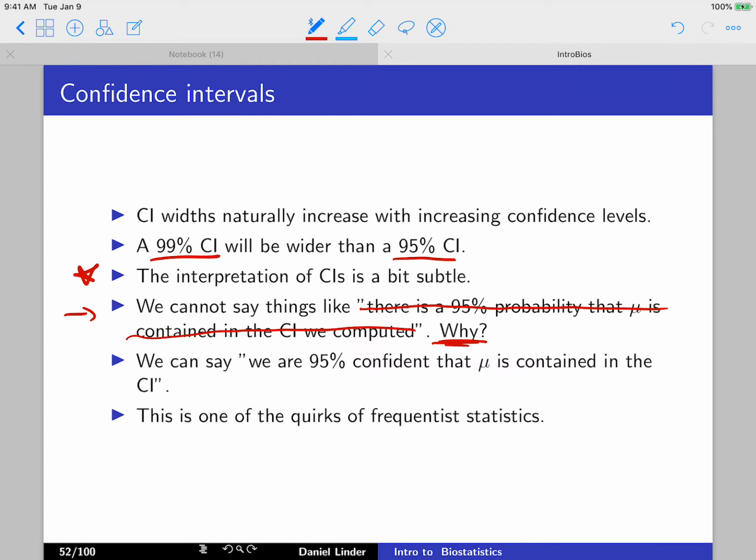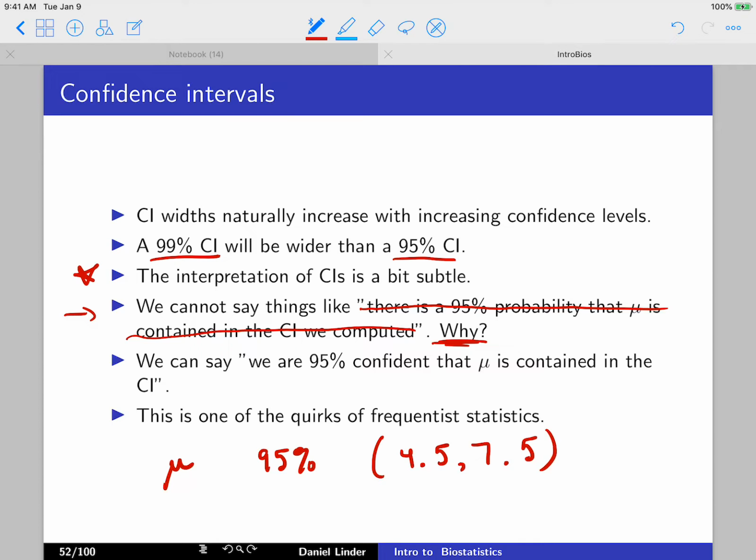The reason why is because let's just say we computed a confidence interval, just a hypothetical one for a mean mu. We're interested in some population mean mu, and we've computed a 95% confidence interval for it from sample data, and we found that this 95% confidence interval was from 4.5 to 7.5.